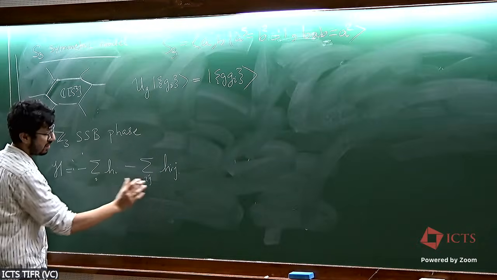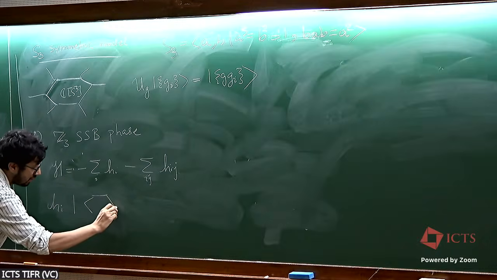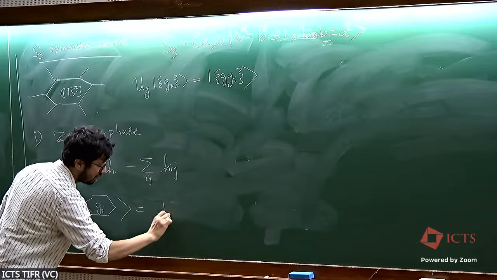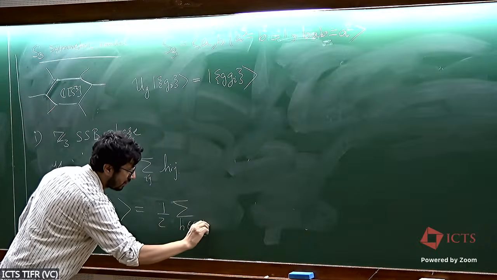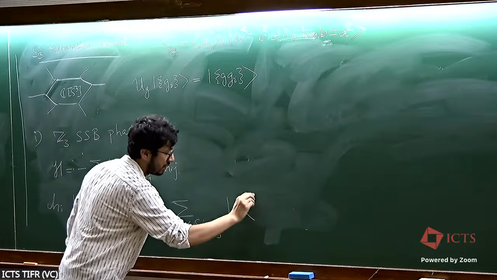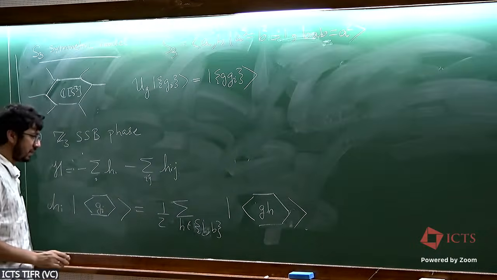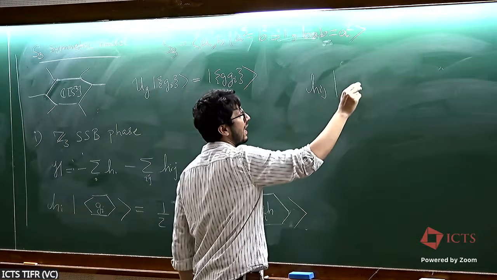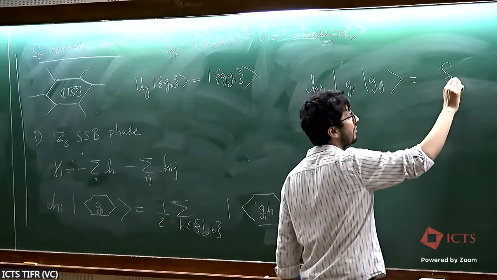One are local on-site terms, and then there are terms that involve two plaquettes, H_I. It acts with the right action on this, and H_IJ acts on an edge and imposes a delta function kind of constraint.